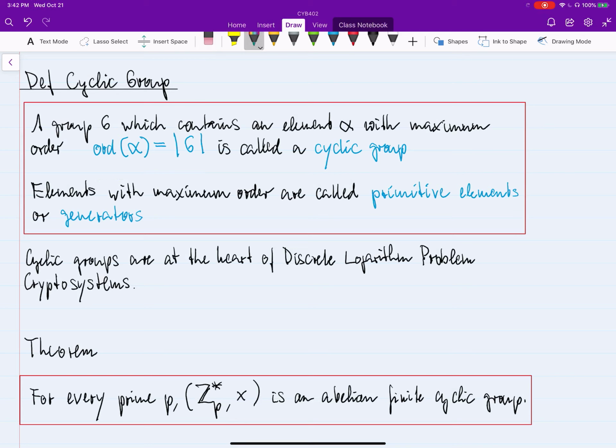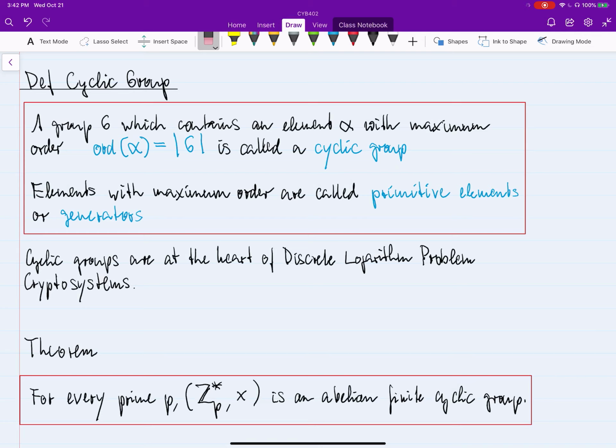So the way this is being defined is it takes just one element like that. And as soon as an element like that exists, then we call this group a cyclic group. So a cyclic group is just a regular normal group which has at least one element with maximum order.